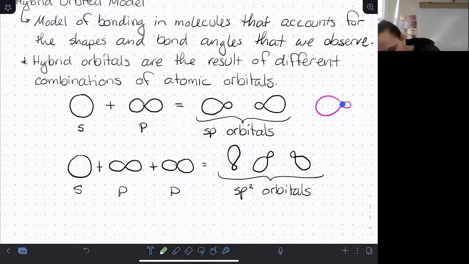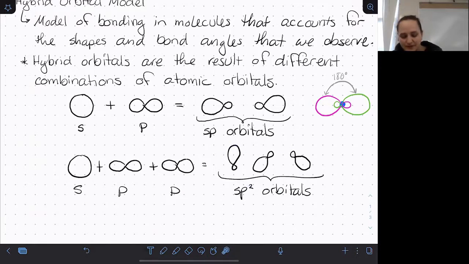And then the other one goes this way with its little side over here. So there is a 180-degree angle in between these two hybrid orbitals, and 180 degrees is an angle we actually see in molecules.